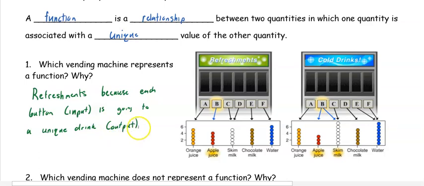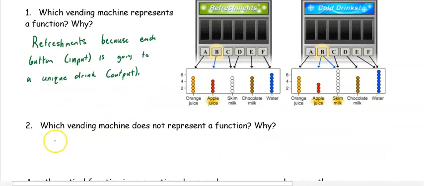So we know when I'm touching the button and I push button A, what drink I'm getting. If I push button B, I know what drink I am getting. So it's going to be a function, which means that cold drinks is not a function because button B has two output drinks.